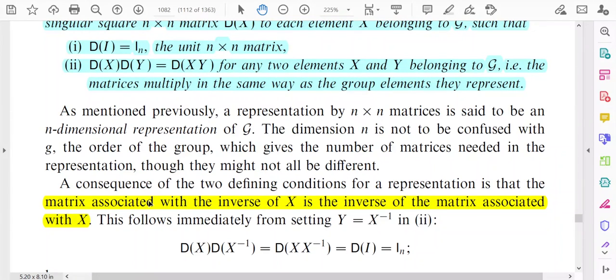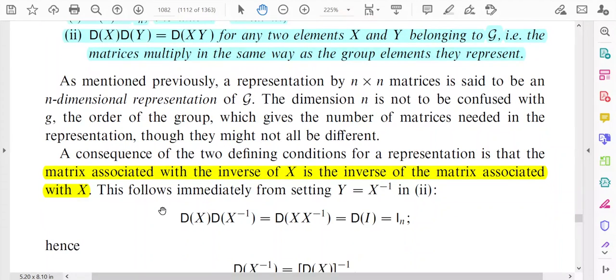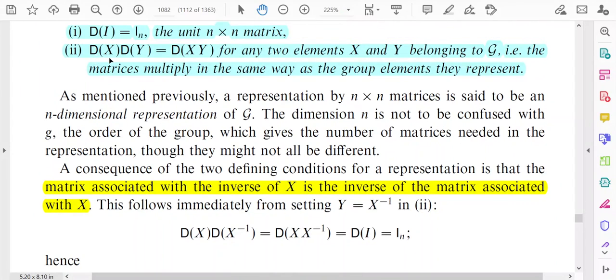Now the consequence is this: the matrix associated with the inverse of x is the inverse of the matrix associated with x. What is the meaning of this sentence? I will make it clear. Suppose this is the definition: Dx into Dy is equal to D of xy, when we are obtaining the representative matrix for the group elements x and y.